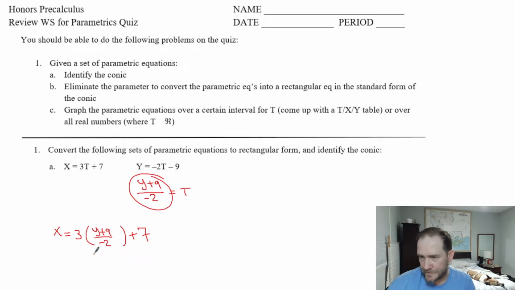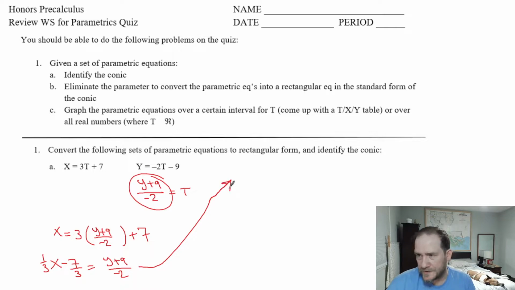Let's take it slow. Let's subtract 7. So we'll go x minus 7. And then let's multiply by a third as well. So we'll have a third x minus 7/3 equals the y plus 9 over -2.